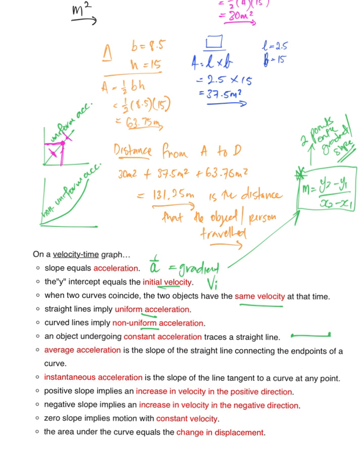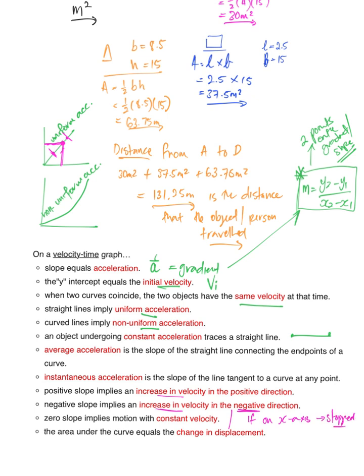Positive slopes mean an increase in velocity. We spoke about that. Negative slopes mean an increase in velocity, but in the negative direction, so it technically means you're slowing down. Zero slope means motion with constant velocity. If it's on the x-axis, it means it has stopped.